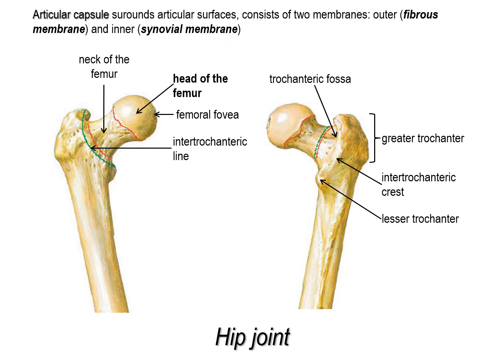The articular capsule surrounds articular surfaces. It consists of two membranes: a fibrous outer membrane and a synovial or inner membrane.